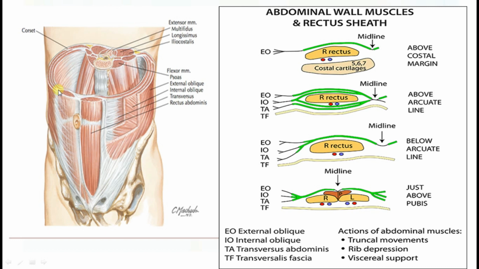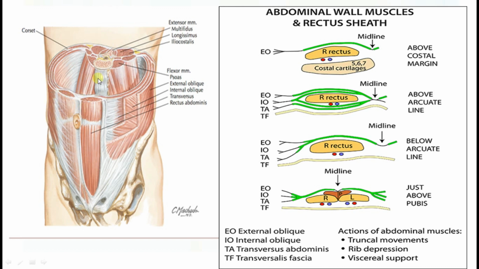The posterior wall will be formed by the posterior lamella of internal oblique and the aponeurosis of transverse abdominis muscle. That is the classical part of the rectus sheath.